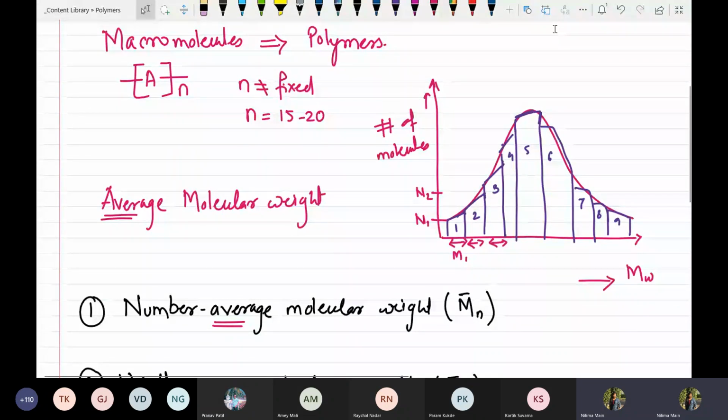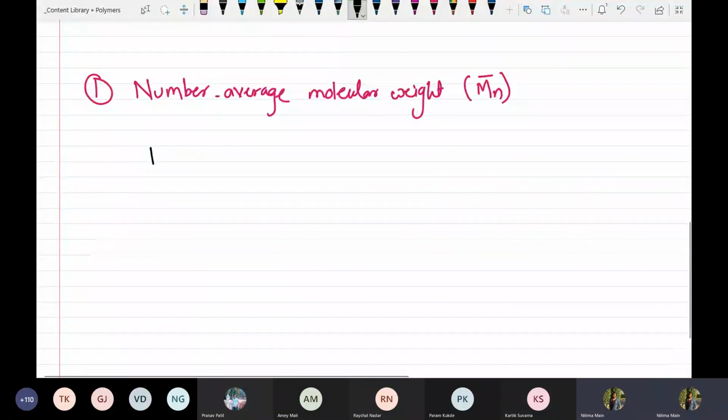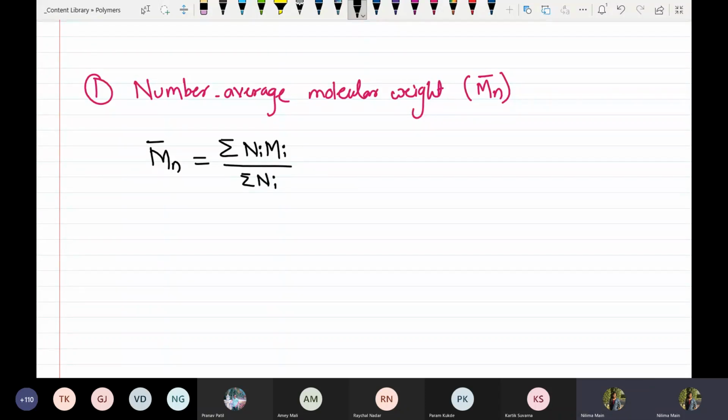Now you have to simply derive the formula using this equation, that graph basically. Mn bar will be the summation of NiMi. Okay, and as it is number average, you have to divide by all the number of molecules of polymer. So this i can be 1.